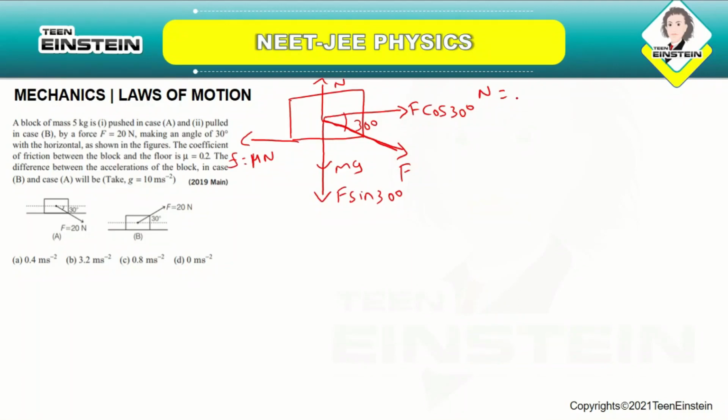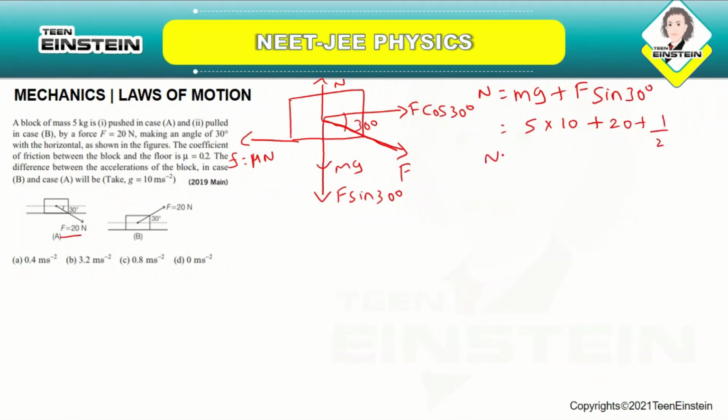N is equal to mg plus F sin 30 degree. So, it is 5 into 10, because 5 kg, plus the F value is 20 Newton. That is what they have given you here. So, 20 plus sin 30 will be half.